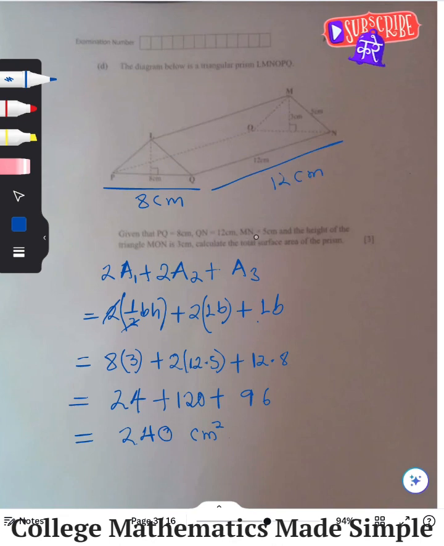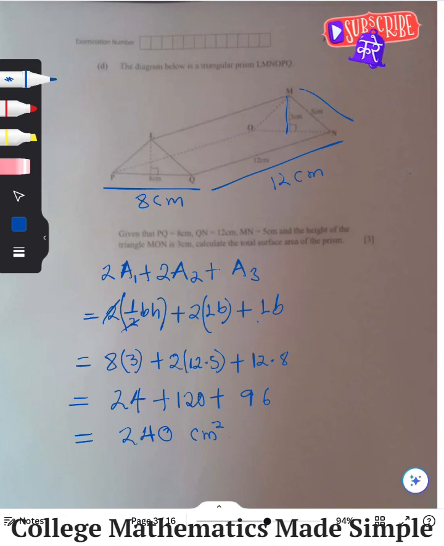Then MN is 5 centimeters. And the height of the triangle MON is 3 centimeters. Now the simple question is calculate the total surface area of this prism, and this is 3 marks.